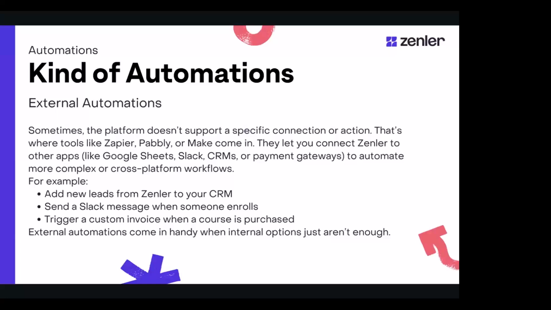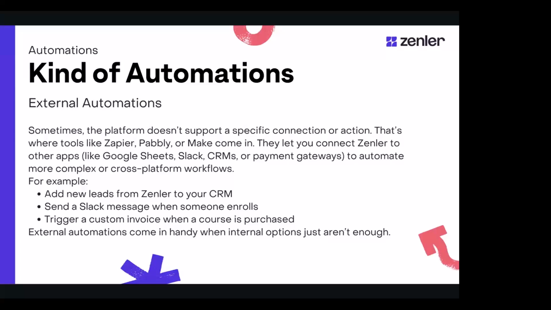For example, add new leads from Zenler to any of the CRM systems that you might be using. A lot of people use HubSpot as a CRM. You might want to extract leads from Zenler and then add them to HubSpot. That can be done through automation. You might want to send a Slack message to one of your students when someone enrolls, a welcome Slack message.